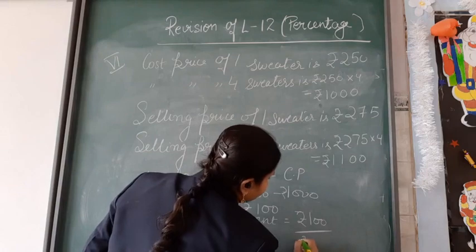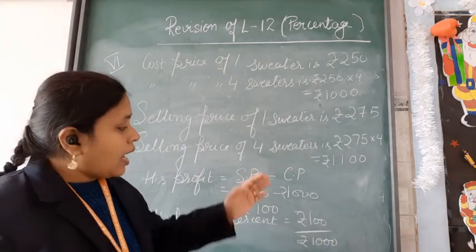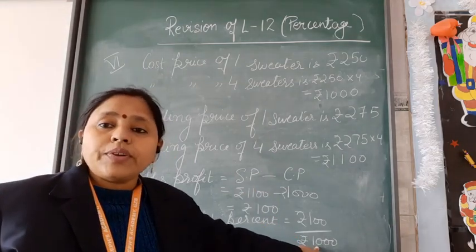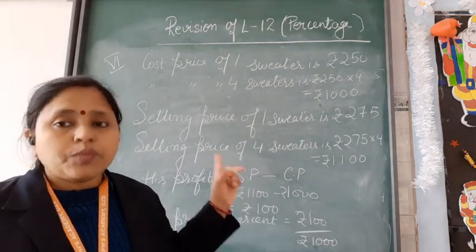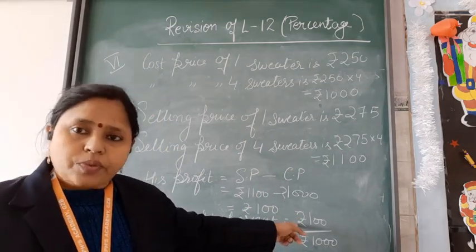And what is the cost price? That is 1000. Because this is the profit that he got when he bought the 4 sweaters at the cost of rupees 1000. He got the profit of rupees 100.